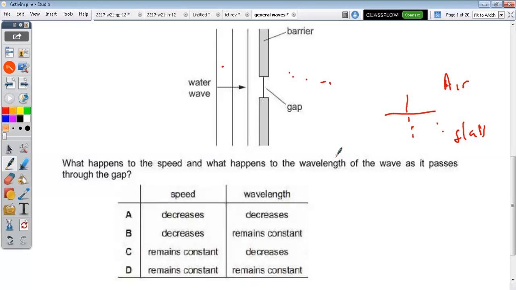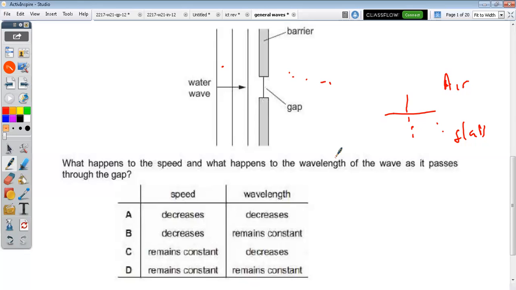Now, if speed remains the same, let's think of the other part now. The wavelength. What happens to the wavelength? The wavelength, what do you think?